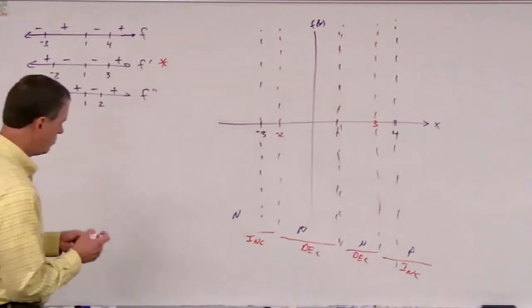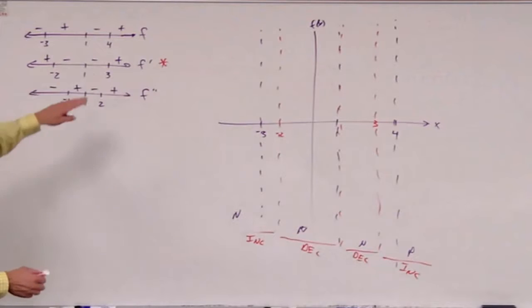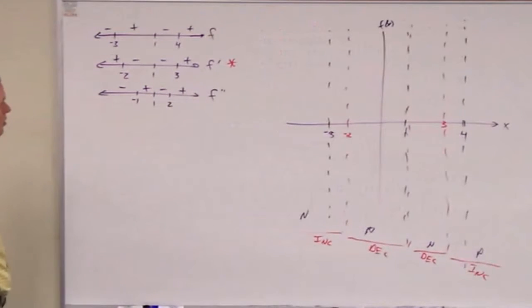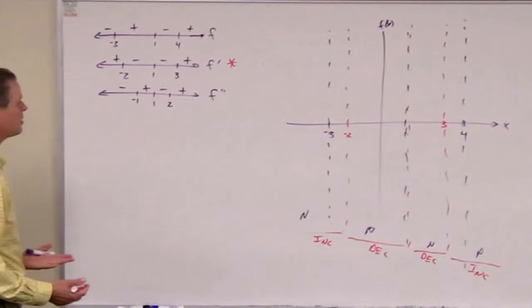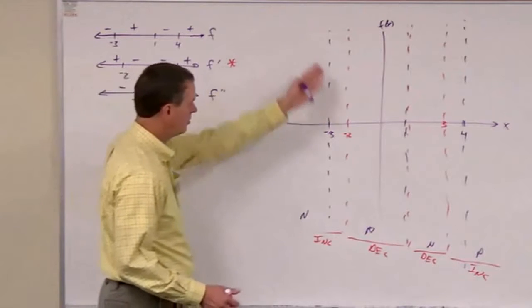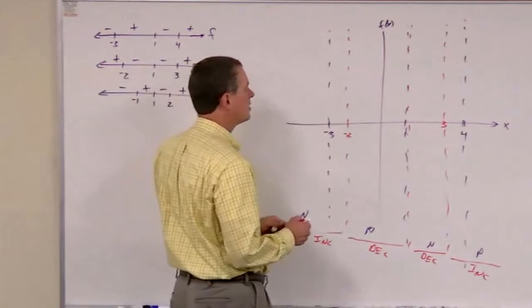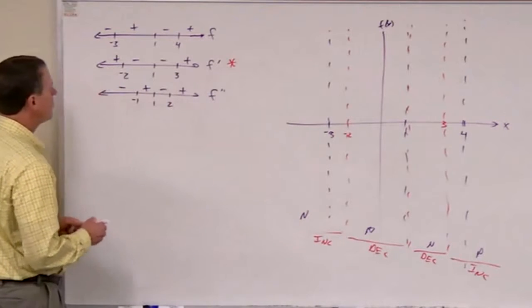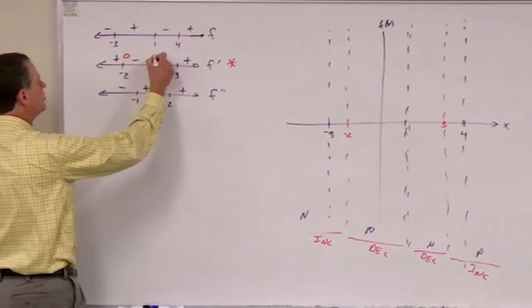And f prime is equal to 0 at those red marks. So the tangent line at those 3 dotted lines always has a slope of 0. So we have to remember that. These are all 0 slopes here.